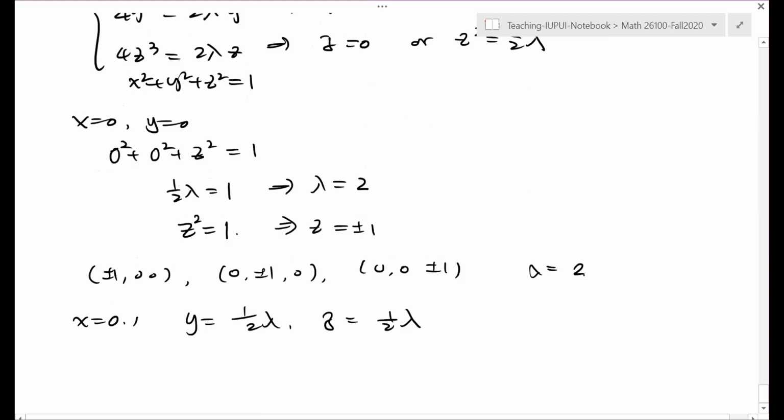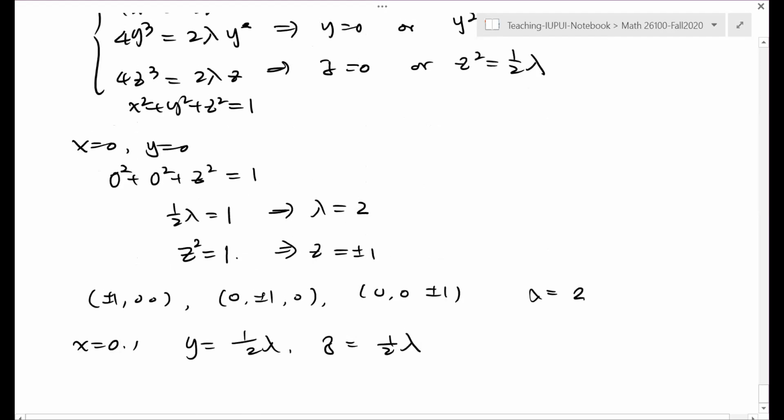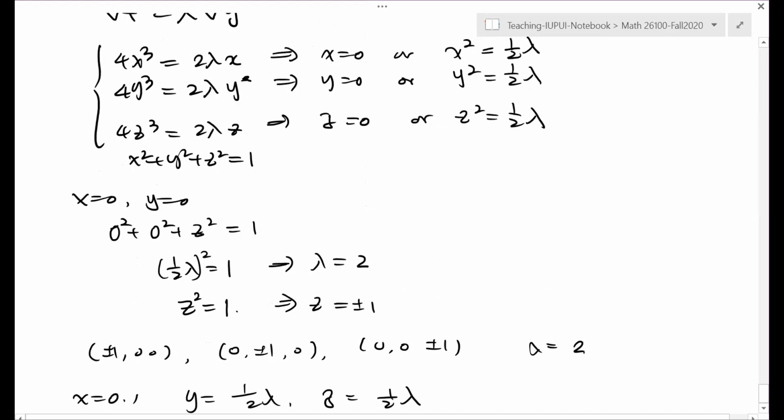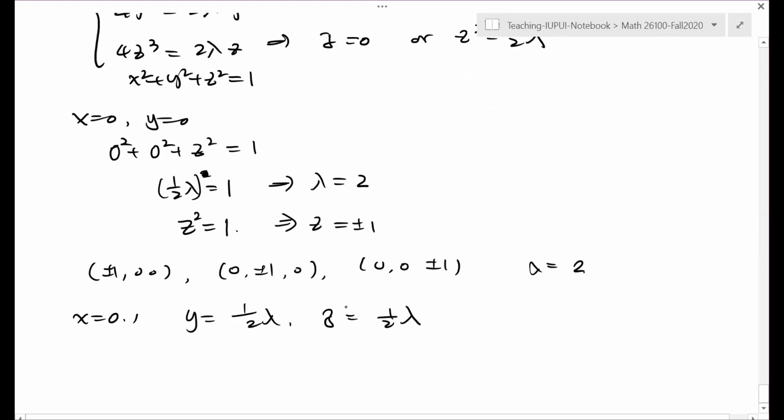Okay, so then you square. Oh, wait a minute. So above, z squared equals... this already has z squared here. Okay, so when you add them together, you get lambda equals 1.